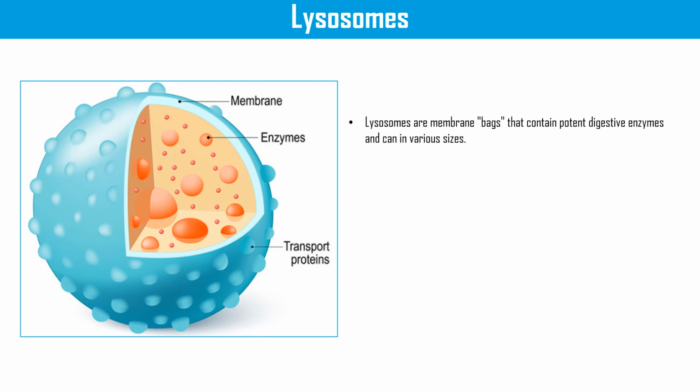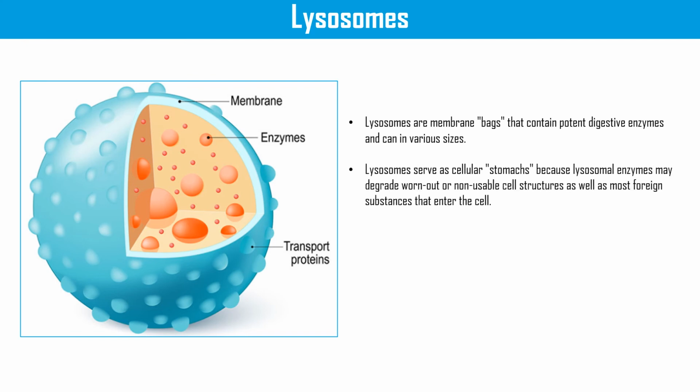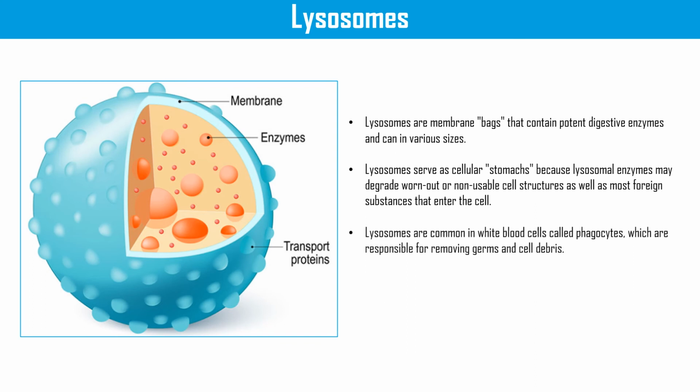Lysosomes. Lysosomes are membrane bags that contain potent digestive enzymes and can be in various sizes. Lysosomes serve as cellular stomachs because lysosome enzymes may degrade worn out or non-usable cell structure as well as the most foreign substances that enter the cells.